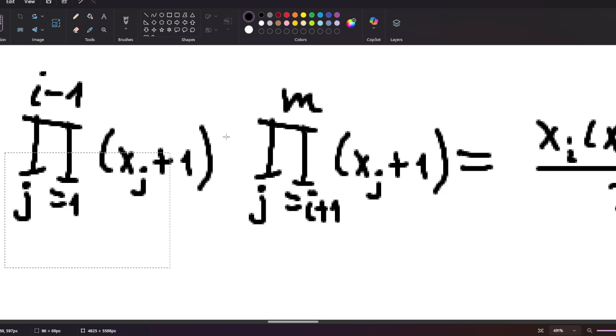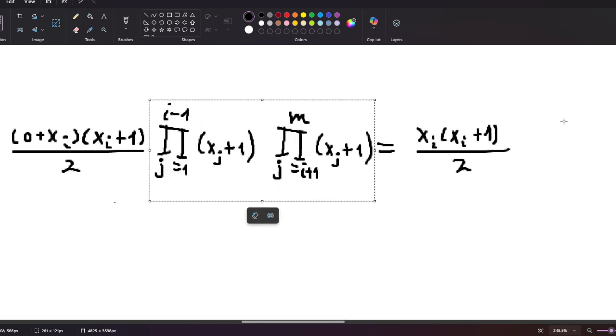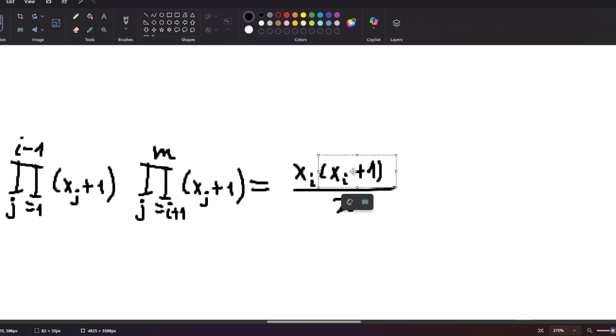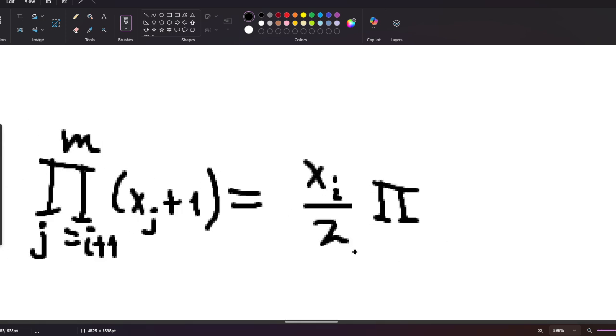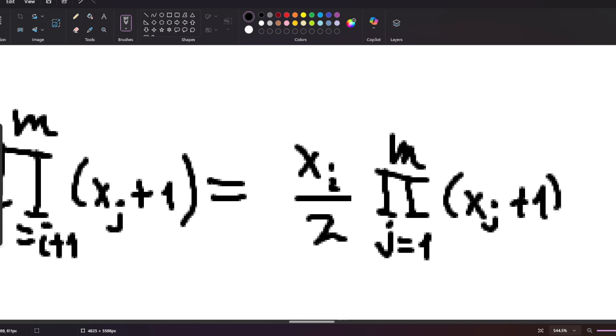Notice how from this multiplication, to make it just from 1 to m, we have this exact element missing. So what we're going to do is borrow it from here. And here we go: product from 1 to m of x_j plus 1.